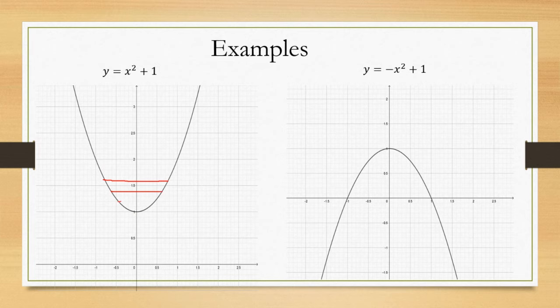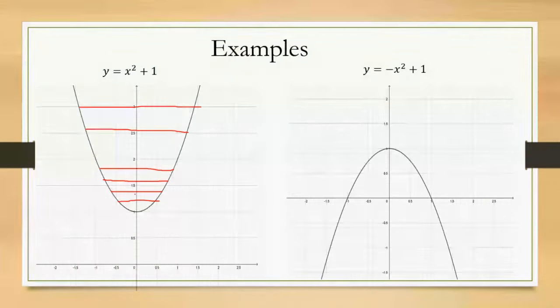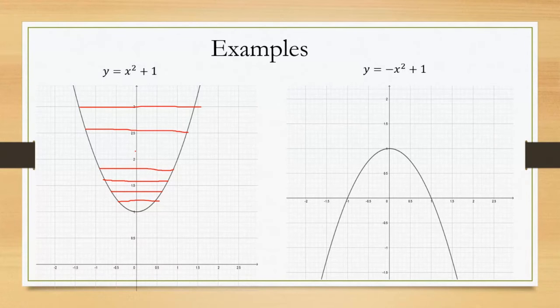We did it there for line segments, but that process works any time you have y as a function of x. If you keep doing this, you can see that any number above, including 1, is going to be in the range. So the range would be everything from 1 to infinity.